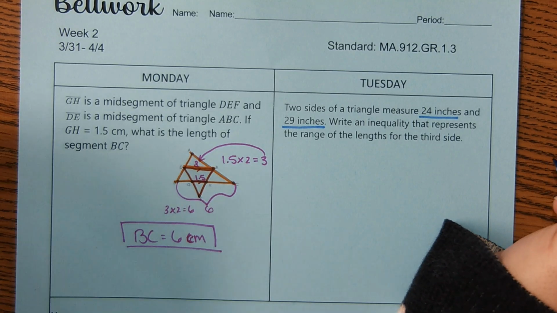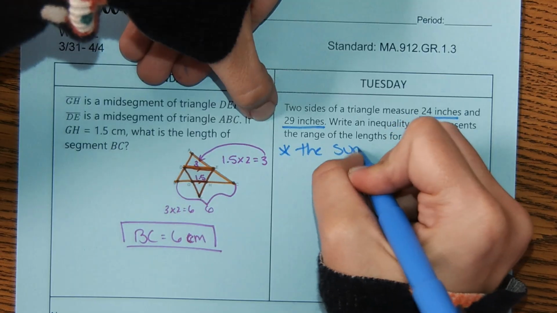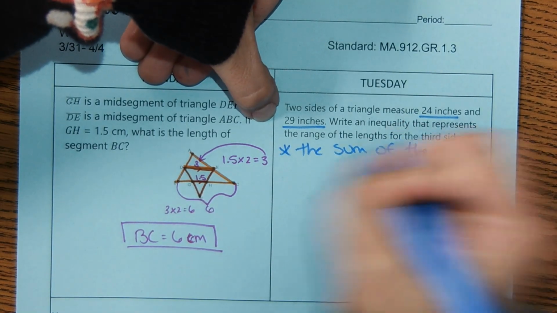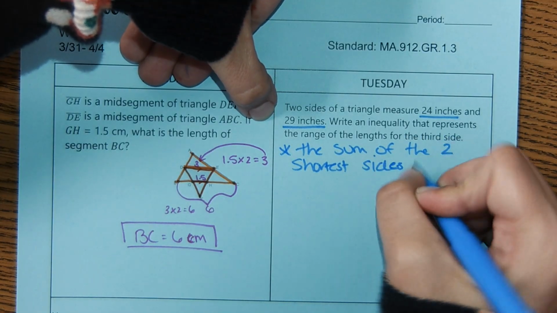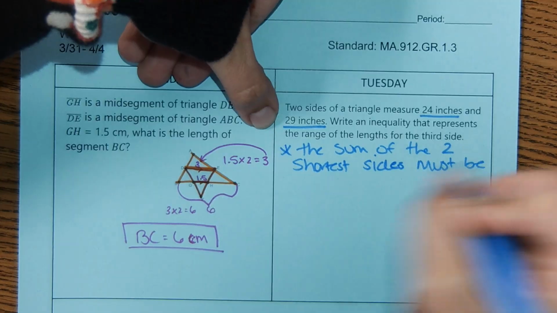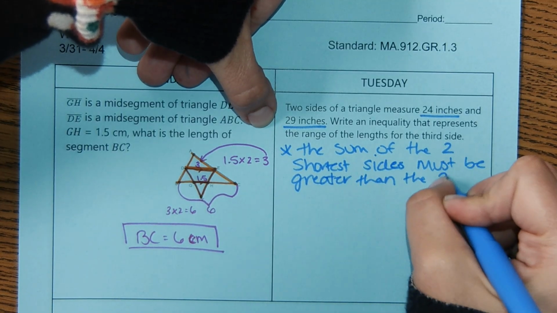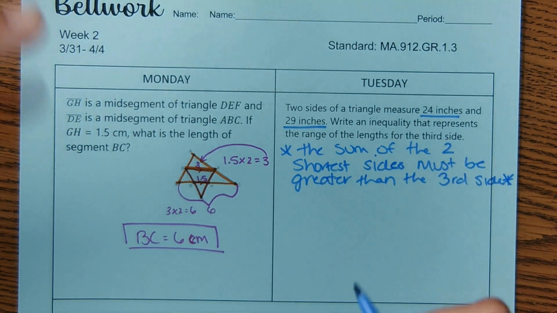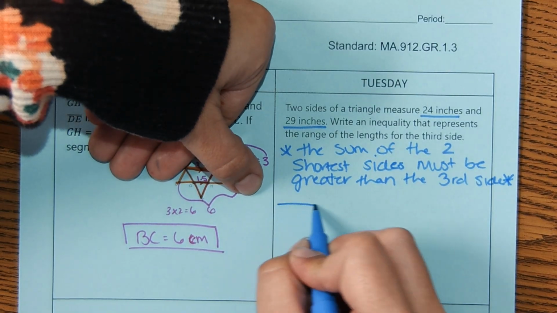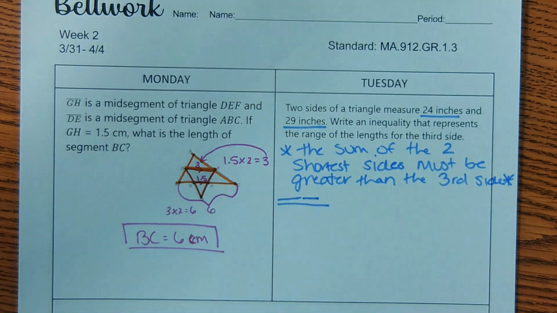Okay, so in a triangle, the sum of the two shortest sides must be greater than the third side. So like in a triangle, if the two shortest sides added together are shorter than the third side, it won't reach and it won't create a triangle.